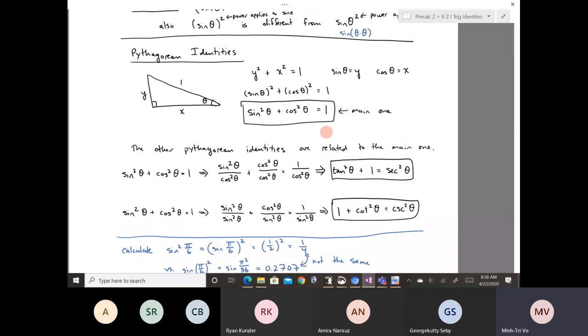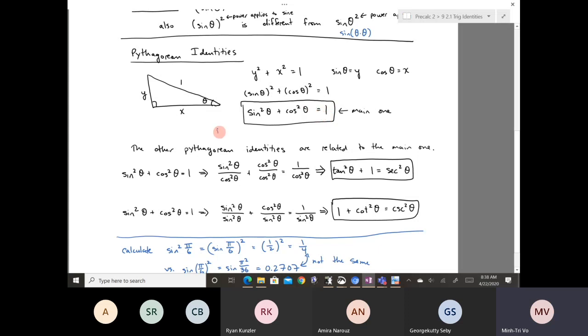Okay, so that's the Pythagorean identity, and what it essentially says is that no matter what angle theta you take, if you plug it into this formula, it will always calculate to be 1.